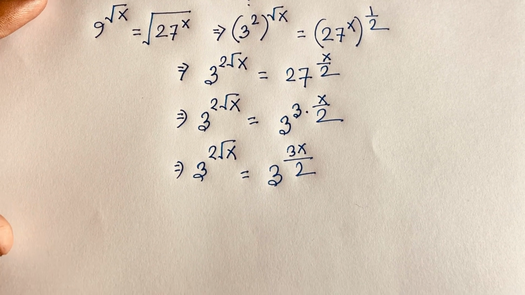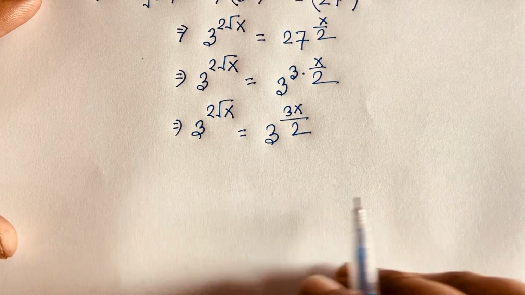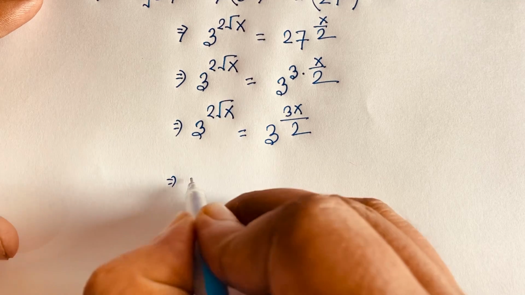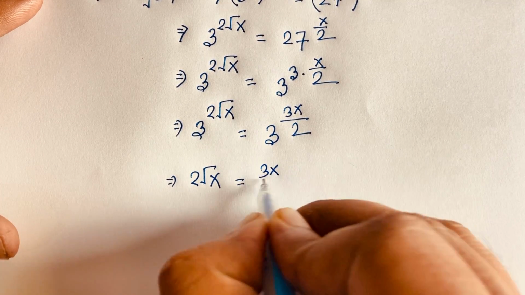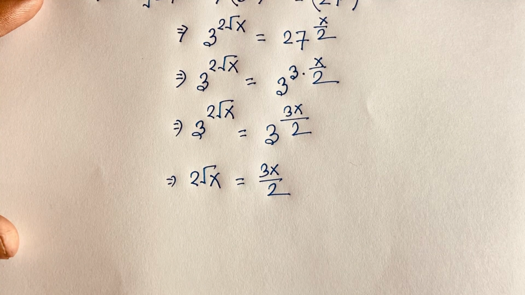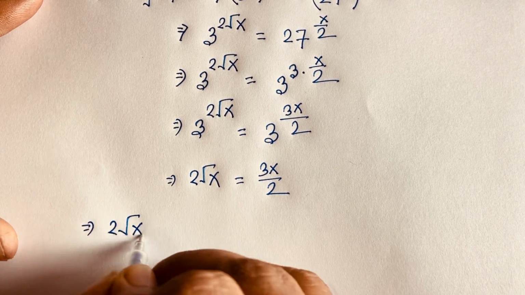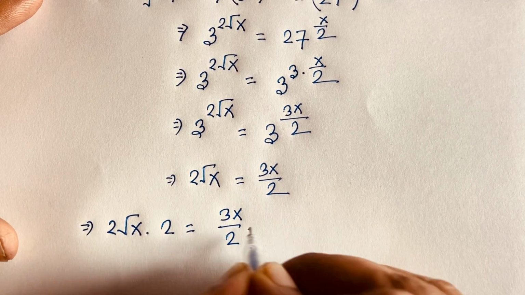Now this expression is basically the same base, so according to the exponential law I can say the exponents are equal, so 2 square root x is equal to 3x over 2. Then I multiply both sides by 2. We'll find out 2 square root x times 2 is equal to 3x over 2 times 2.